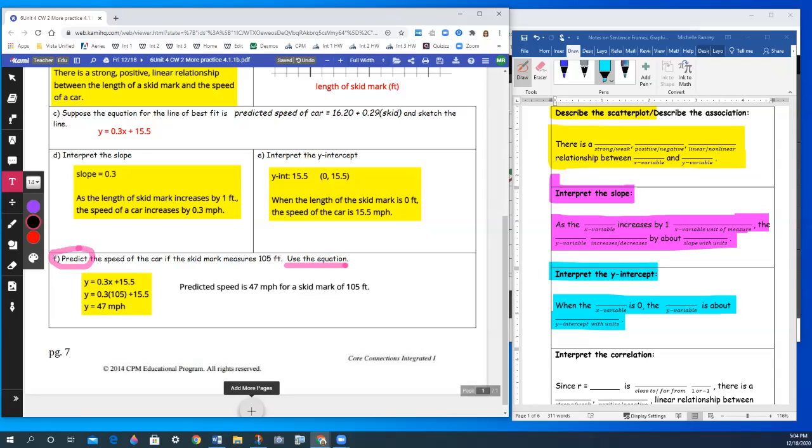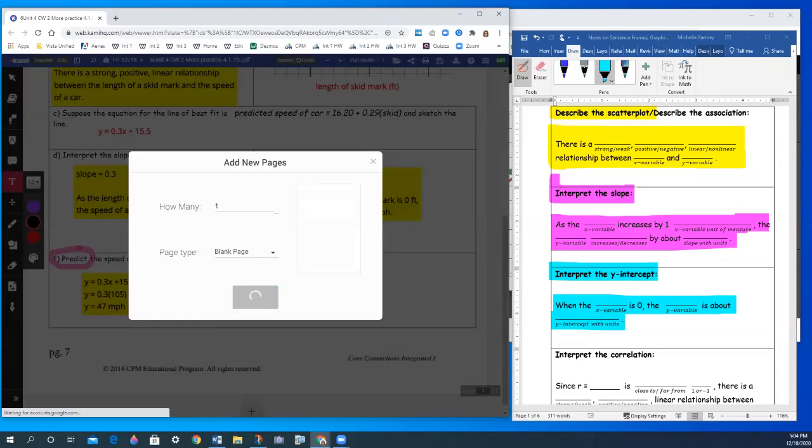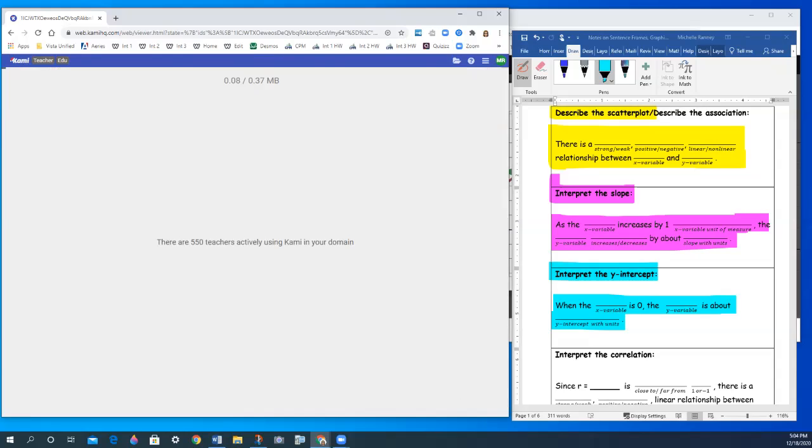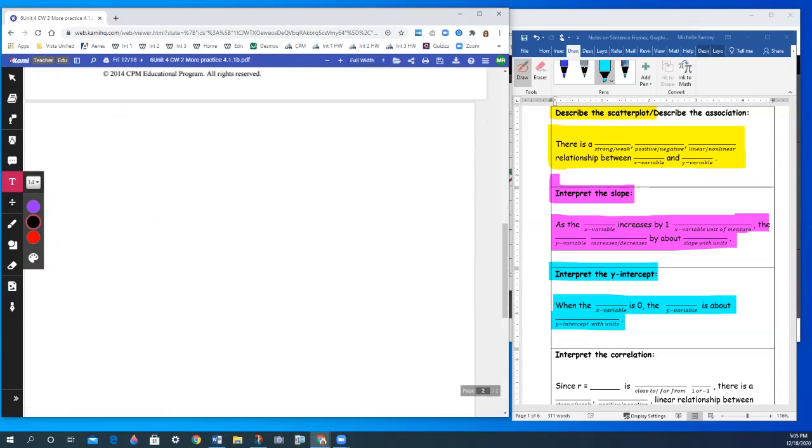So I am going to add a page on, and I am going to talk about residual. Let me get a text box.